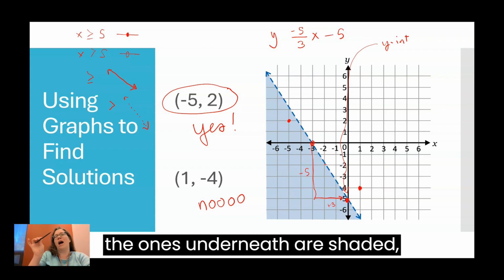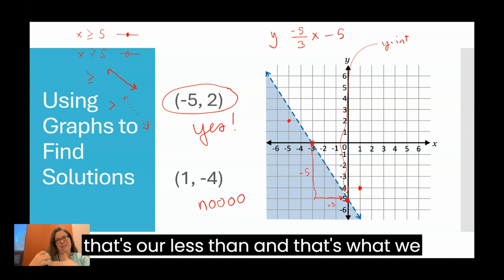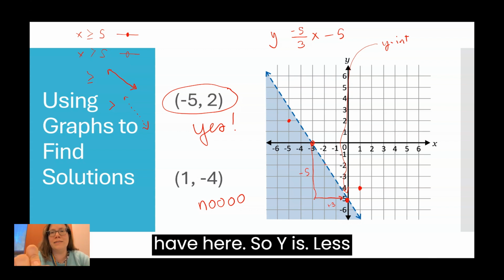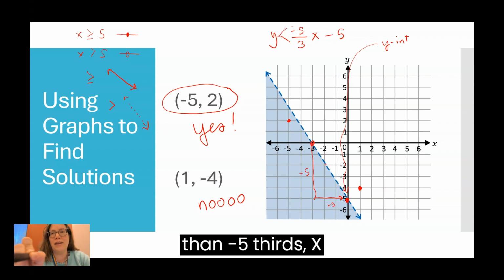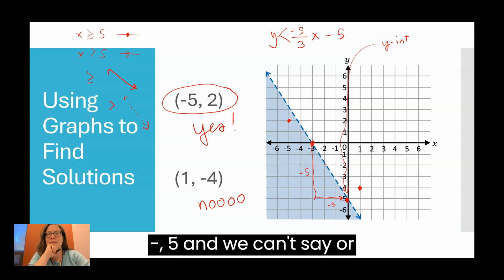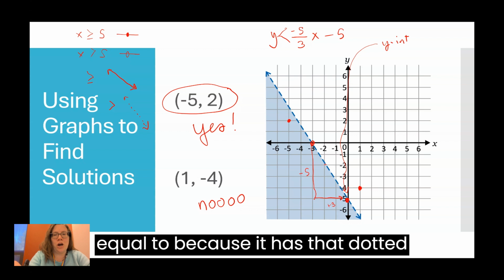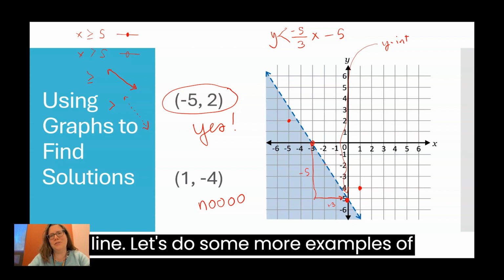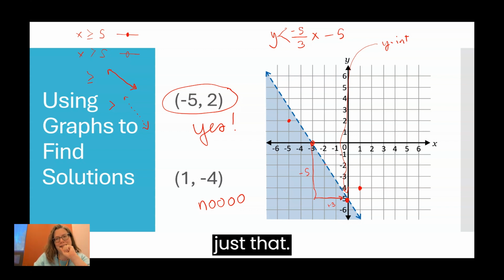So if the ones underneath are shaded, that's our less than. And that's what we have here. So y is less than -5/3 x minus 5. And we can't say or equal to because it has that dotted line. Let's do some more examples of just that.